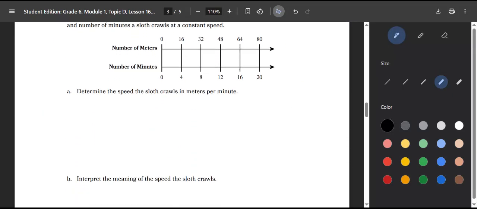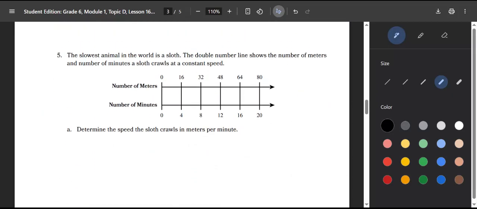All right, let's look at number 5. The slowest animal in the world is a sloth. The double number line shows the number of meters and number of minutes a sloth crawls at a constant speed. You can look over that double number line. Determine the speed the sloth crawls in meters per minute.